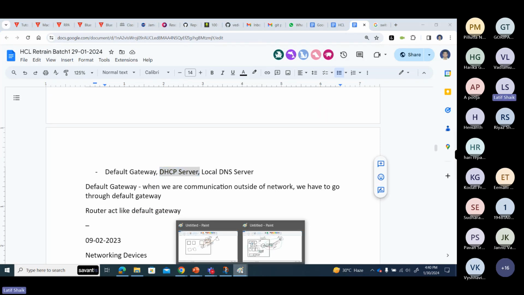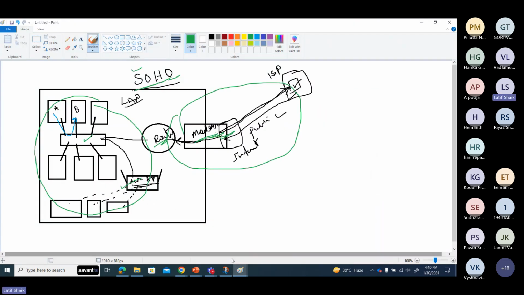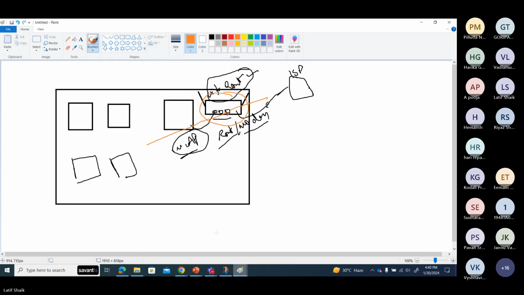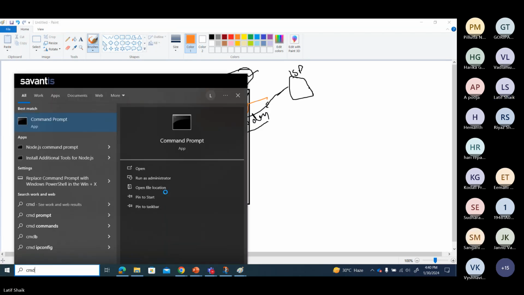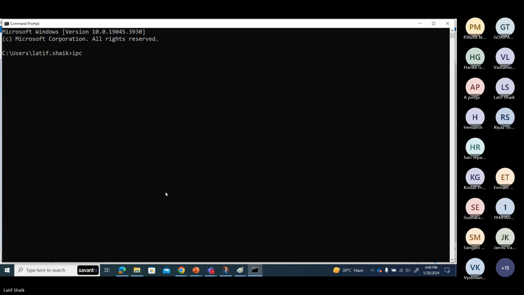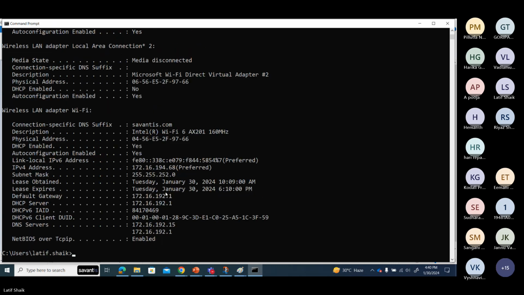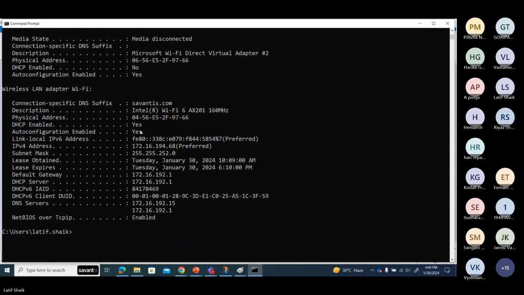My device is getting an IP address. I have not configured any IP address on my laptop, but it is there by default. In my office, I got some IP address. I will show you that one. So my laptop got an IP address. I didn't configure it. It is automatically configured.